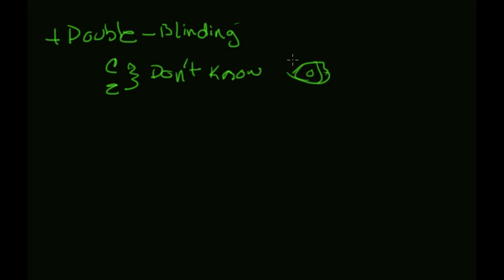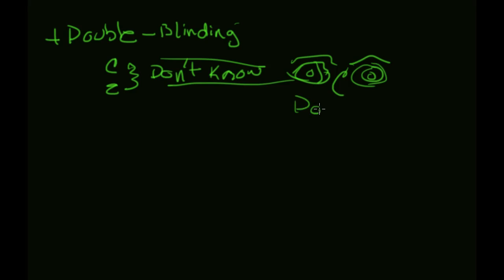So there's my little eyeball. They're watching the control and experimental group, right? I'll try a little nose there and another eyeball maybe. There we go. So these people, they don't know who's who. Now, there we go. Who is control or experimental.